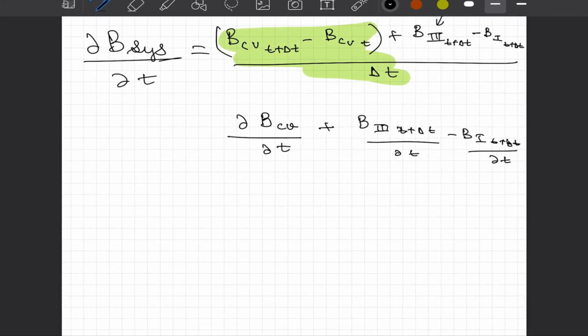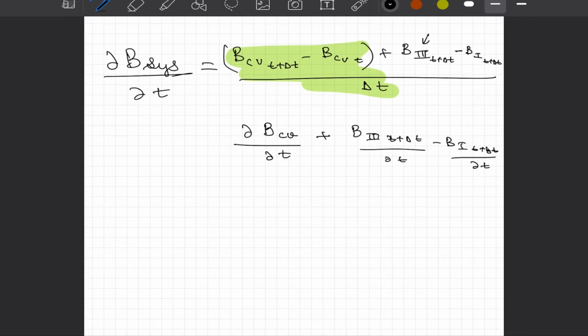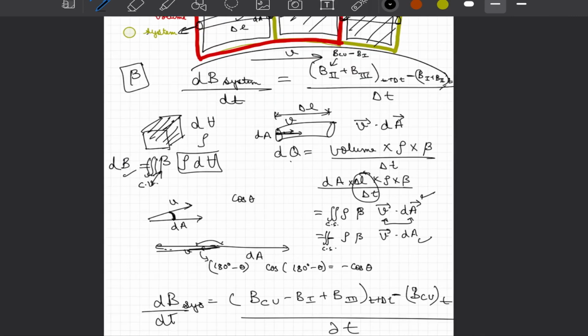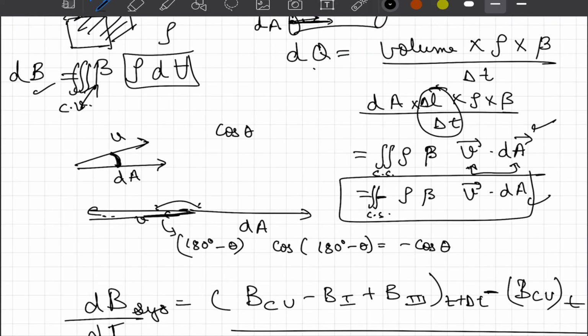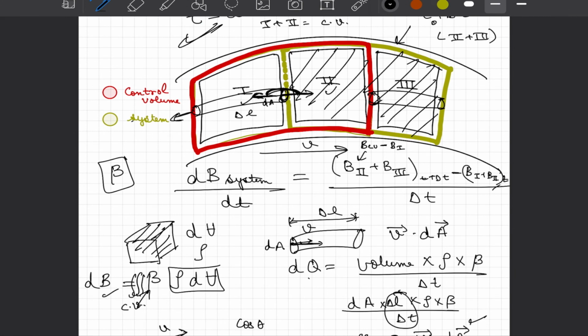Now what we did last time is basically we looked into the expressions of B3 at t plus delta t and B1 at t plus delta t with respect to time when we are talking about the flow through the surfaces. Because if we look at surface 1 and surface 3, how much change is happening is basically the rate of change of inflow and outflow of the extensive property under consideration through the boundaries or the surface of the confined control volume.